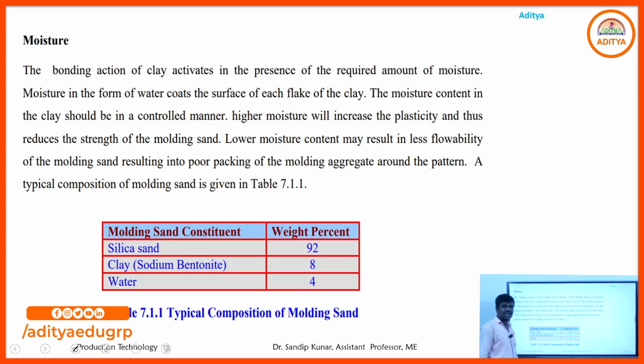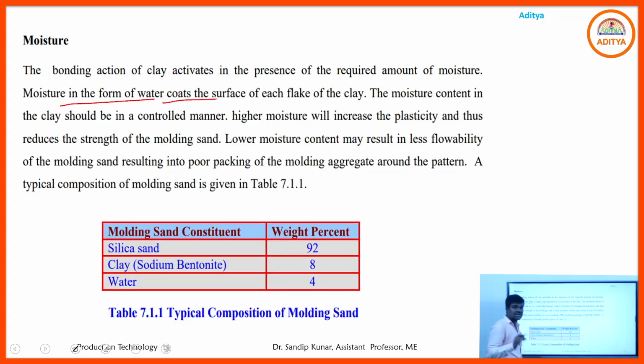Now moisture is one of the important parts of the molding sand, and it acts as a binder to the molding sand. Moisture in the form of water coats the surface of each flake of that clay.